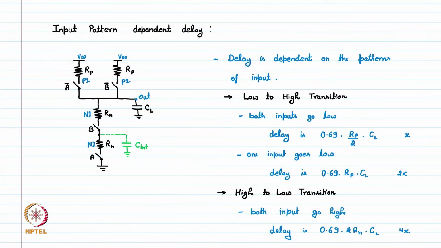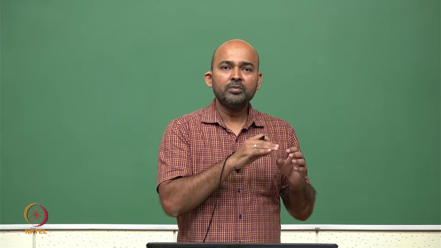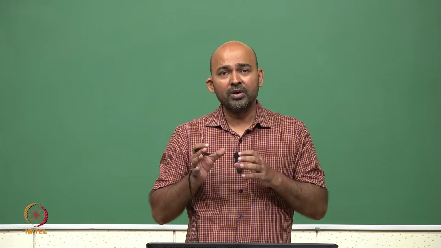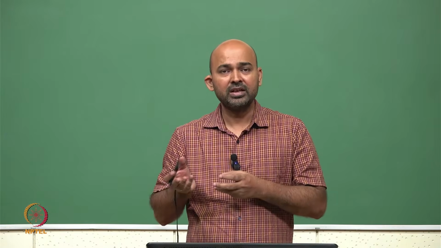Now let's look at these inputs A and B. Right now we have assumed, for both high to low and low to high transitions, that both inputs switch simultaneously. However, this is not the general case.